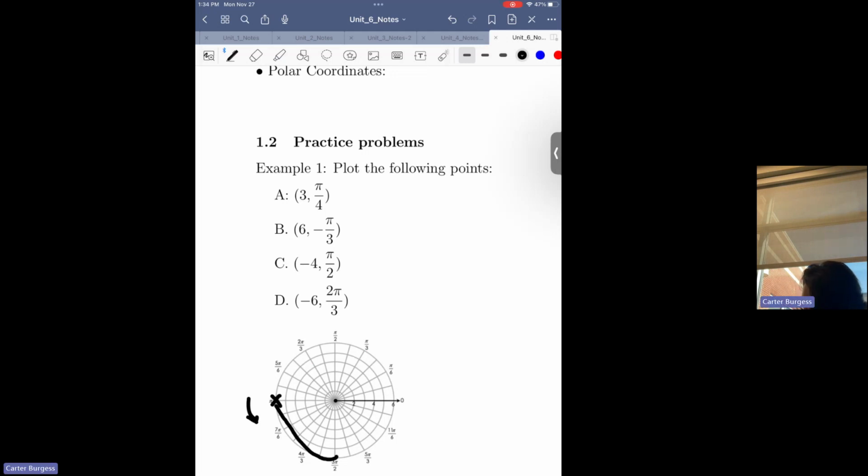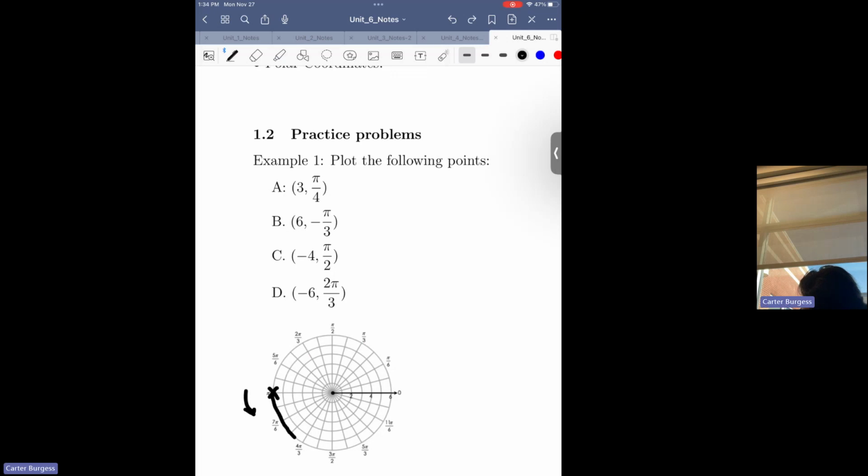We go a little bit more until we find that pi over 3 reference angle right there. And that's where we will terminate. Think of this as pi over 2 plus pi over 3 would give us that 2 pi over 3. So we're traveling 90 degrees, and then we do an additional pi over 3. Or actually, that's not quite it. It's technically pi minus, but you get the idea.